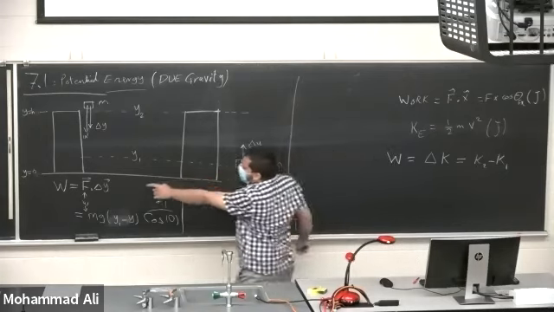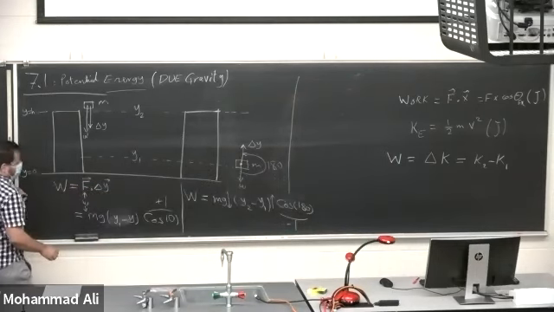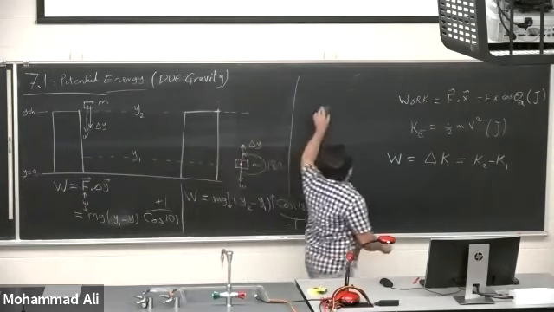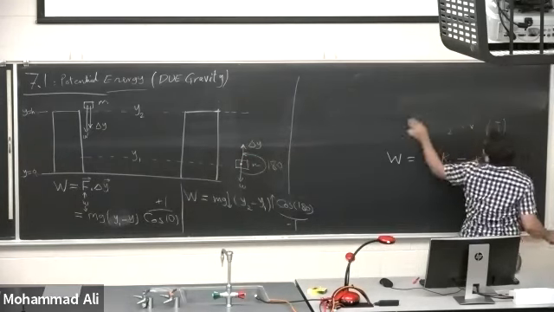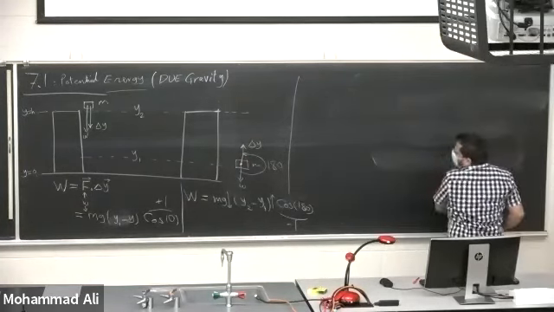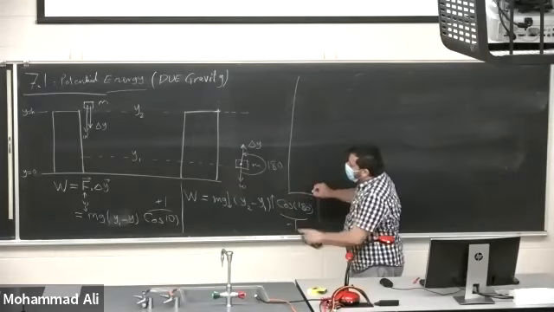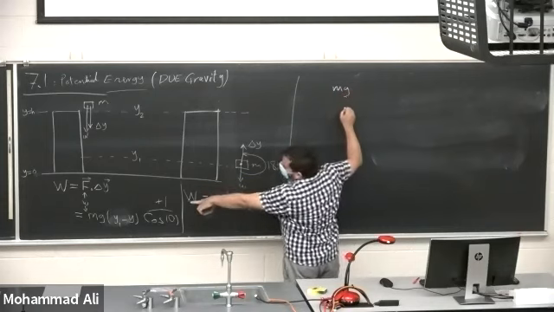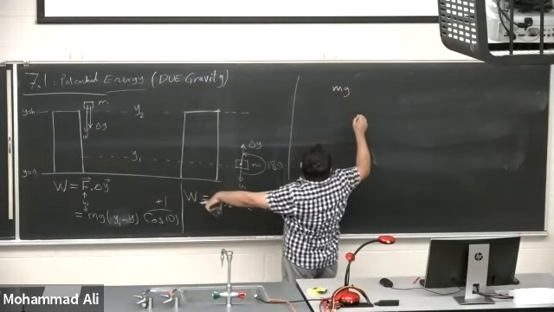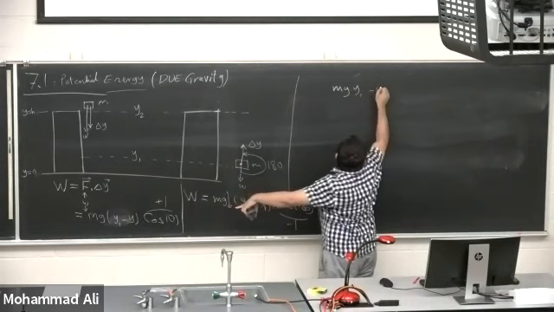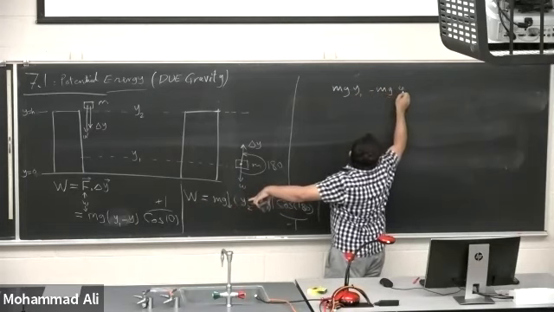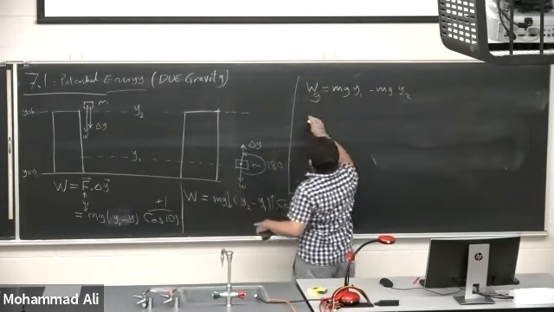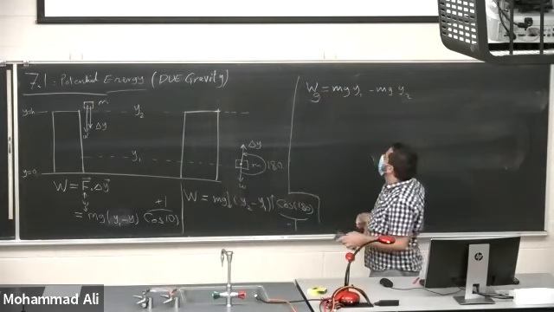Now, if we need to see the work in the first case, the work in the first case is mg y1 minus mg y2. This is the work due to gravity, g small or g capital as you like.